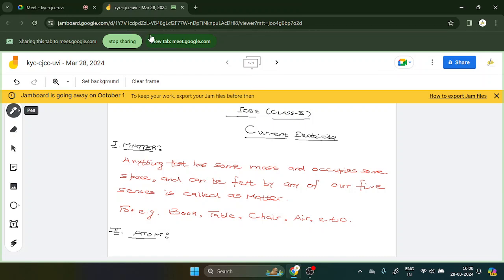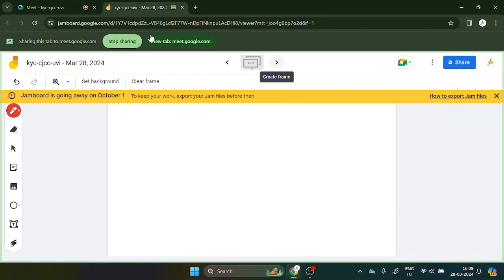Atoms are the smallest individual unit from which matter is made up of. Clear? So if someone asks you to define it, the smallest individual unit from which the matter is made up of. Clear?